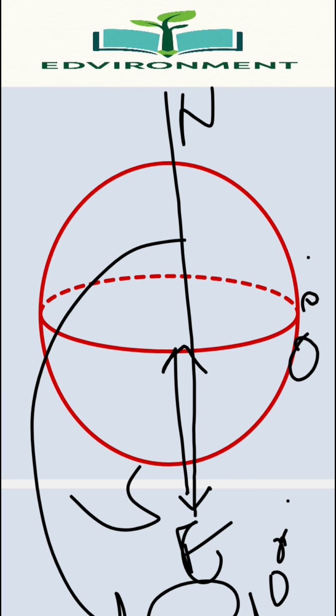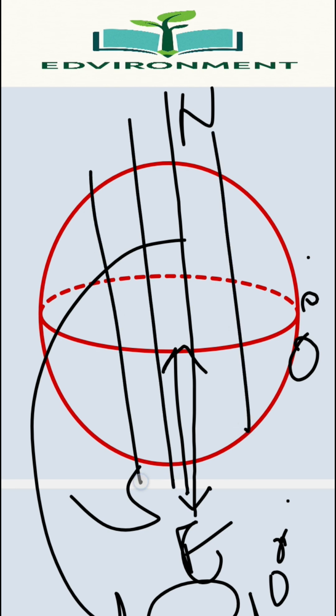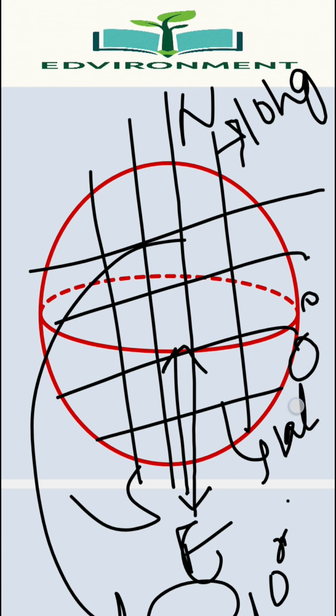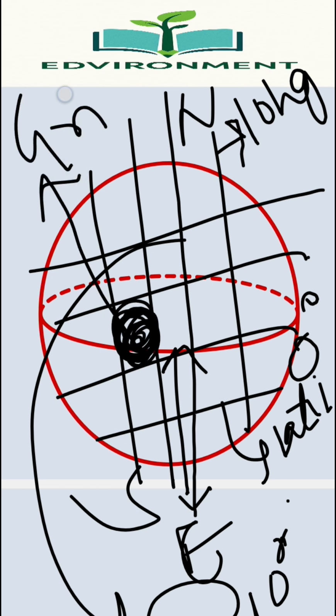Based on the vertical and horizontal lines, we call them longitudes or latitudes. Vertical lines are longitudes and horizontal lines are latitudes. Together they form squares here, and these squares are known as grid.